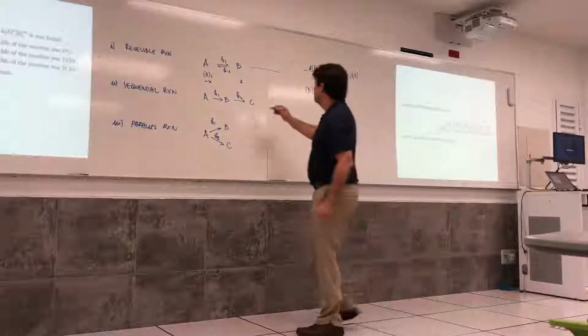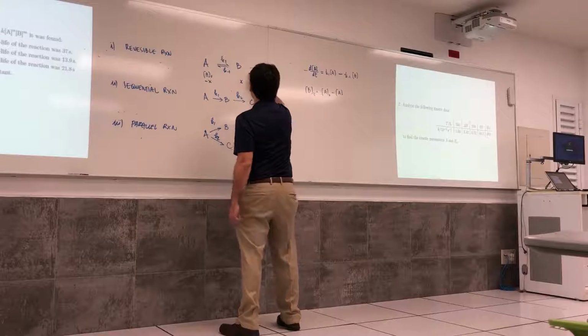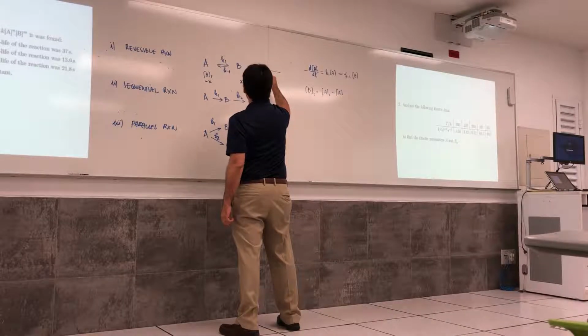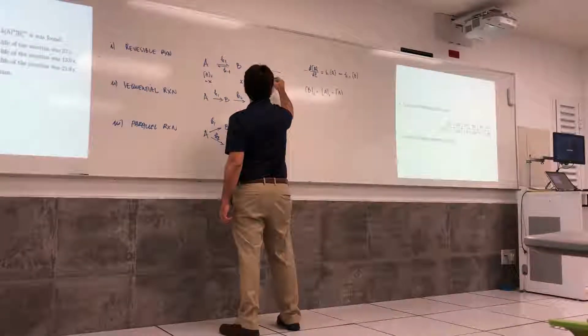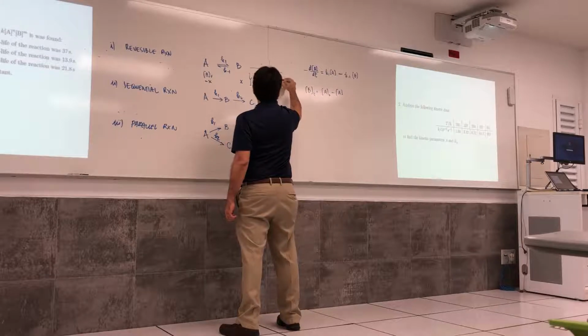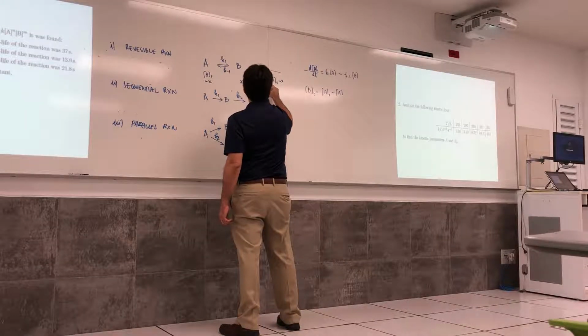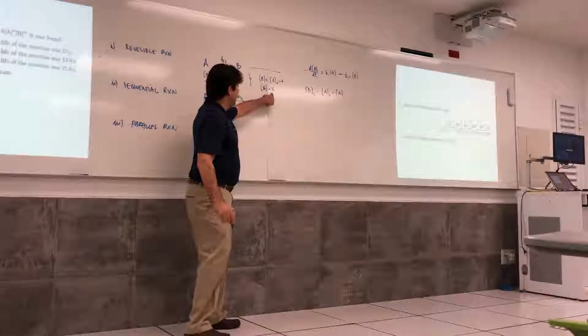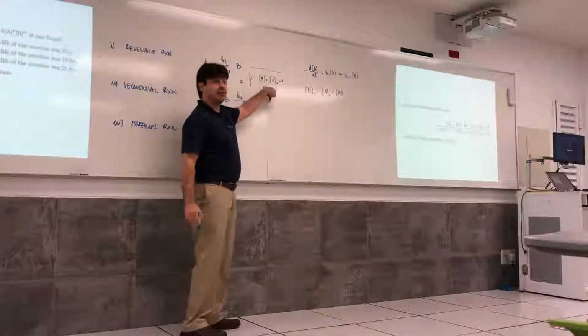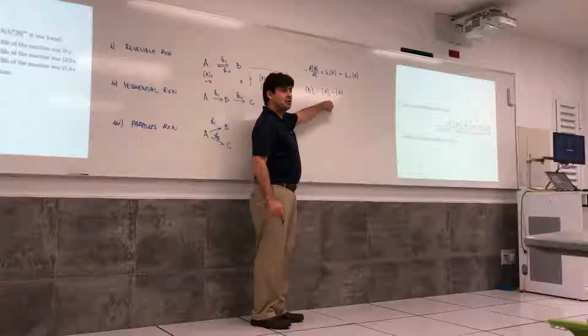So, sorry that I don't have much space, the concentration of A is just A0 minus X, and the concentration of B is X. And by arranging these two equations, I come to this conclusion.